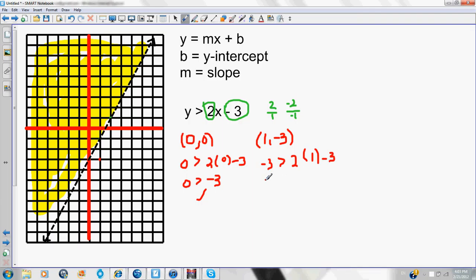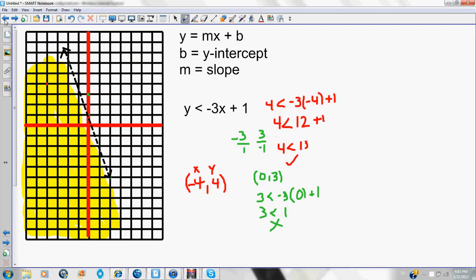So that gives us negative 3 is greater than, 2 times 1 is 2, minus 3, which is negative 1. Is negative 3 greater than negative 1? No. And see, we came up with a false statement, which is what we should come up with because this is not in the solution area.